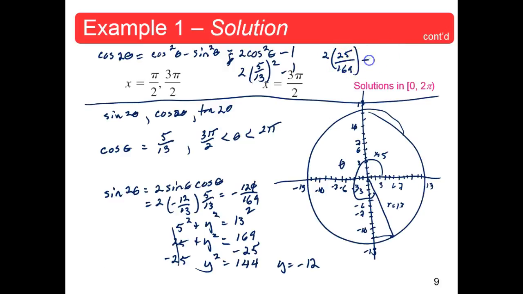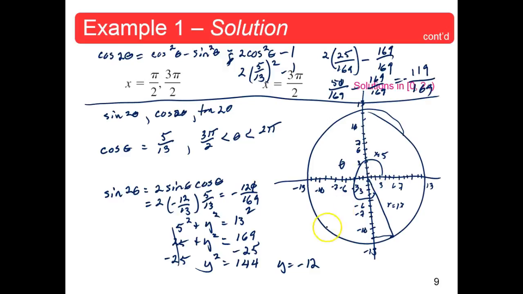Minus, and since my denominator there is 169, I want to write my 1 as how many 169ths? 169 169ths, right? Well, 2 times 25 would be 50 169ths minus 169 169ths. That looks like that's going to be negative 119 over 169.